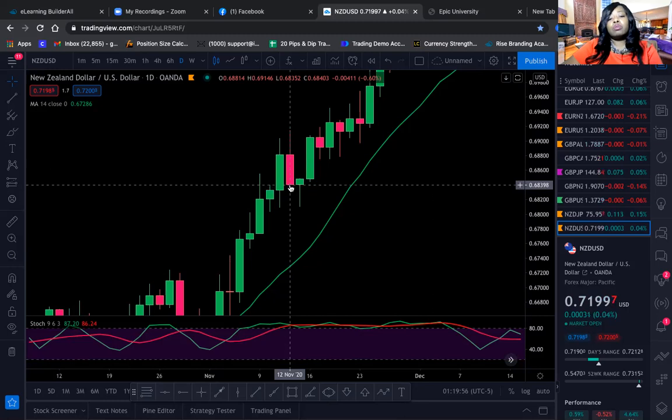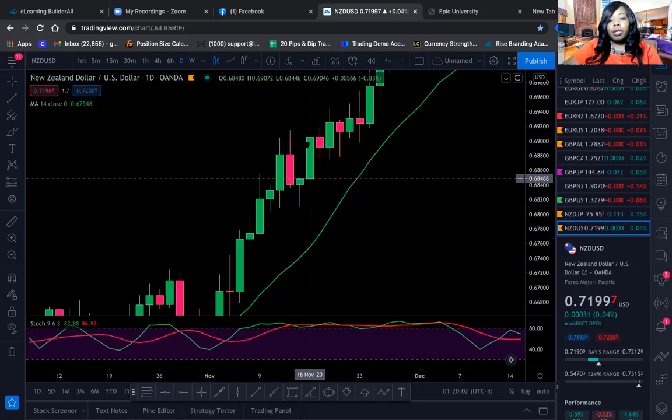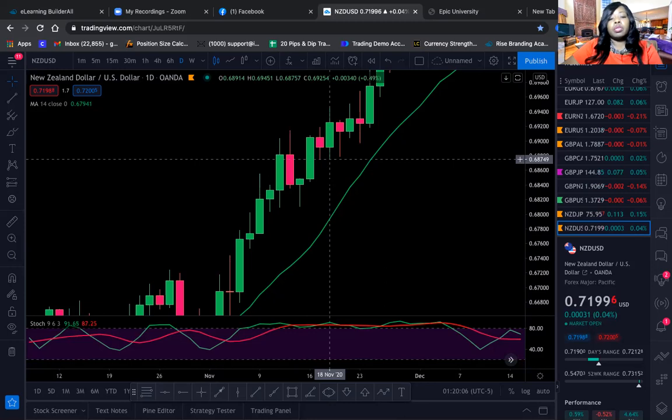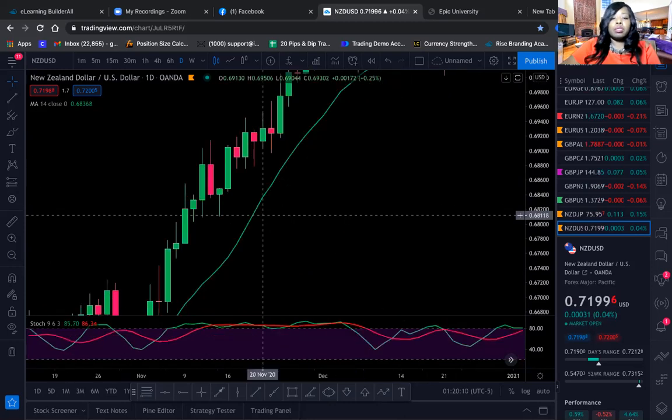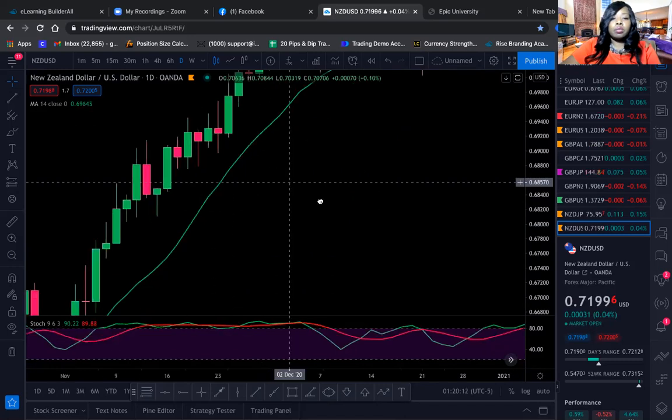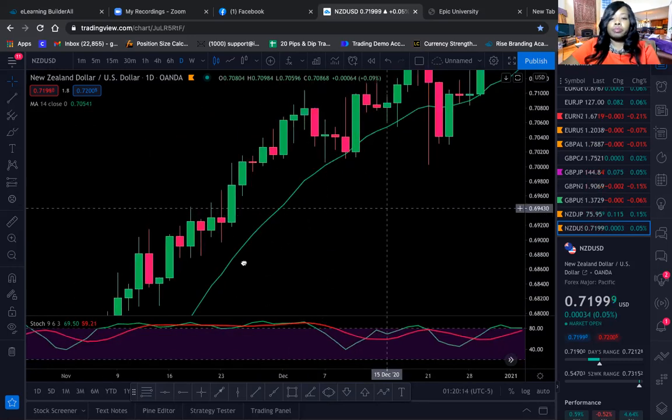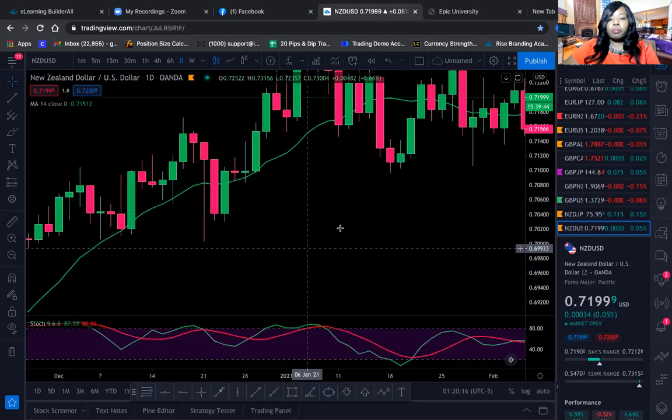So sale candles close at the bottom and open at the top. Buy candles open at the bottom and close at the top, okay? And that's an important thing to understand. So once you understand that, you can see where your price is, see where your candles are opening and closing, and you can mark up your candles.